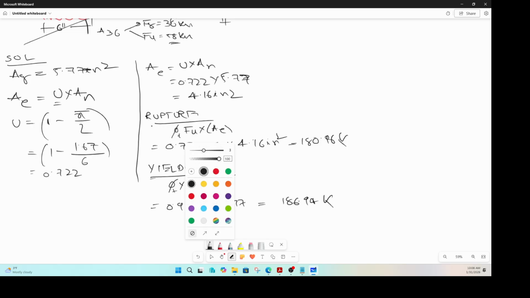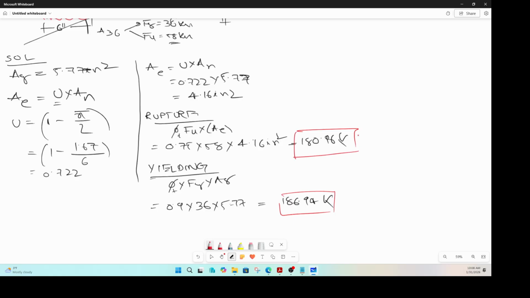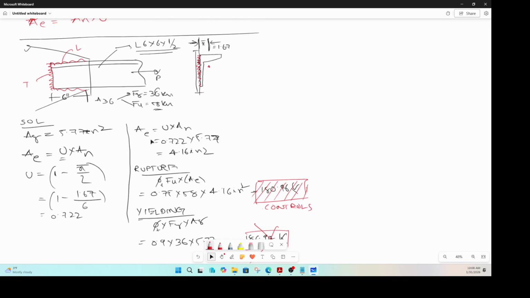So the strength from the rupture point of view is that much, and the strength from the yielding point of view is this much. The minimum value is the rupture one, so yielding does not control, this one controls. That's how we calculate the strength of a simple angle connected to a gusset plate with not just the transverse welds but also longitudinal welds.